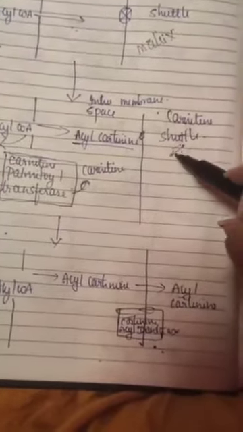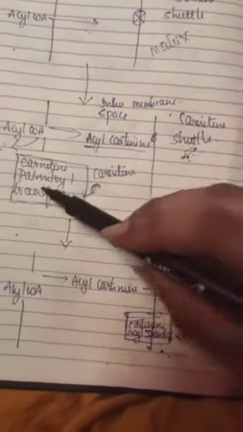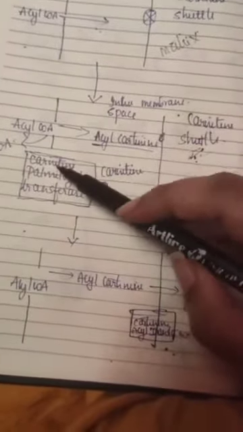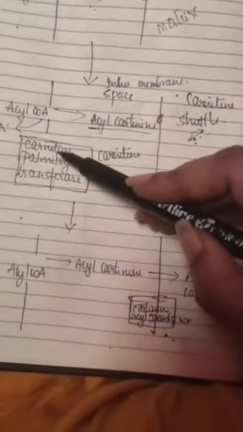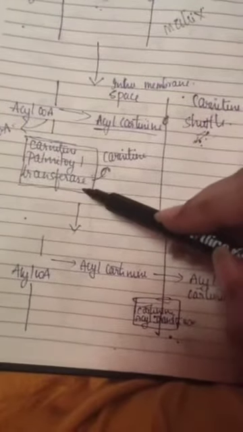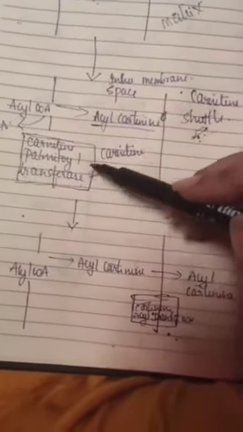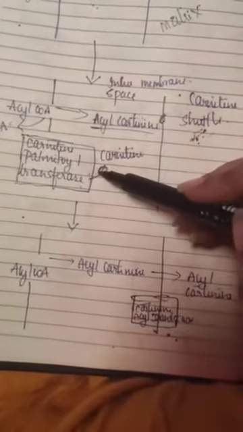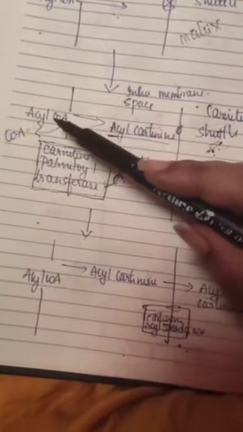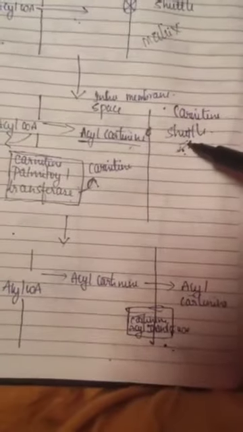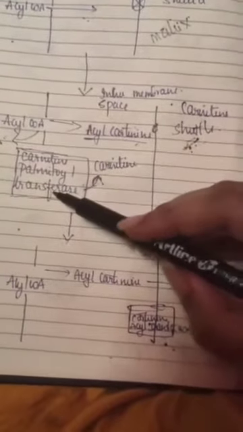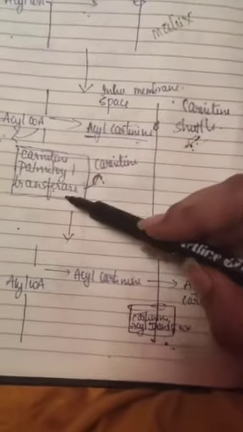This carnitine shuttle contains varieties of enzymes at the outer membrane edge, called carnitine palmitoyl transferases. What it will do is provide one carnitine molecule to the fatty acid acyl-CoA to form acyl carnitine. Understood? So the carnitine shuttle will get activated and this will activate carnitine palmitoyl transferases.